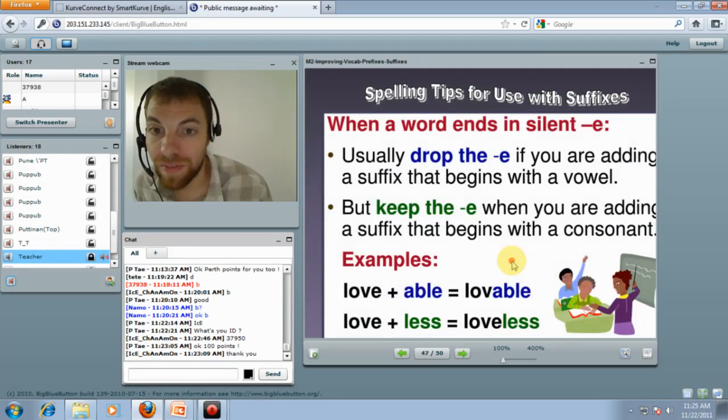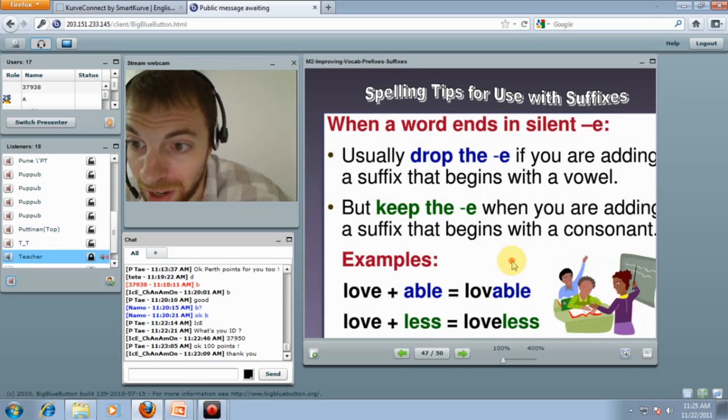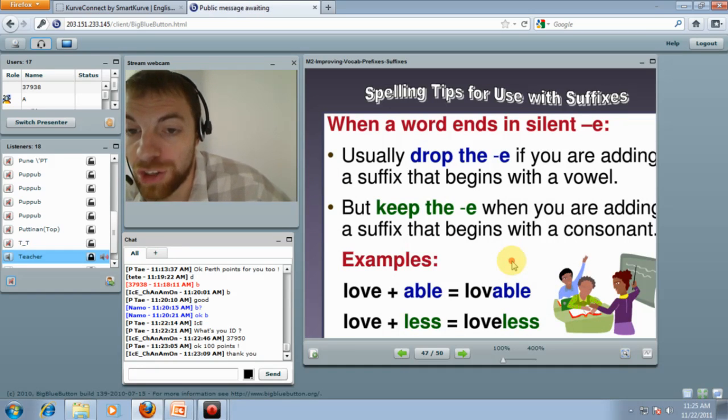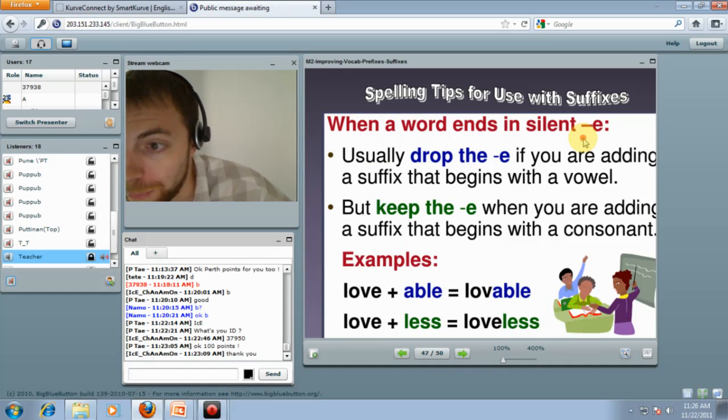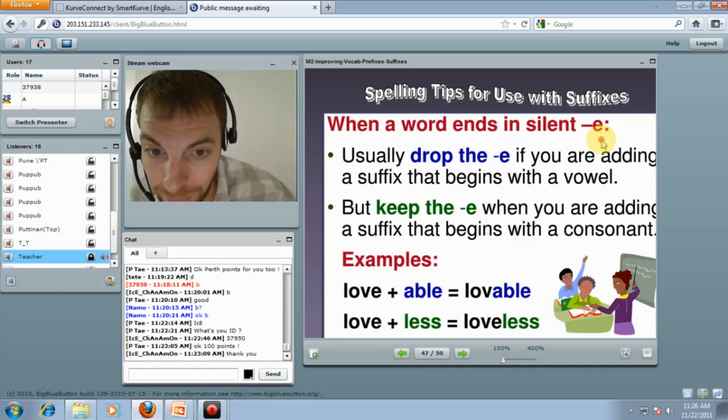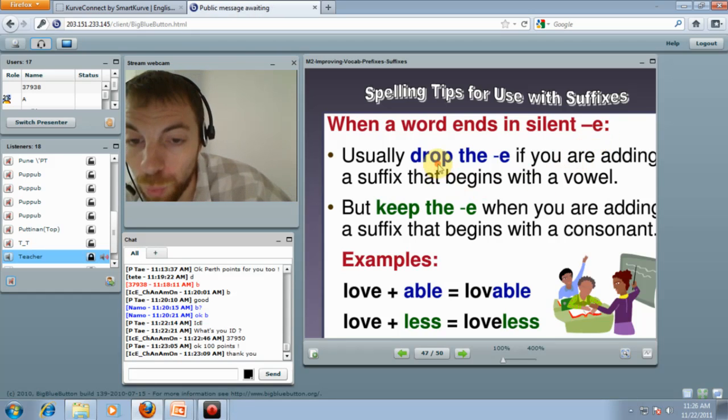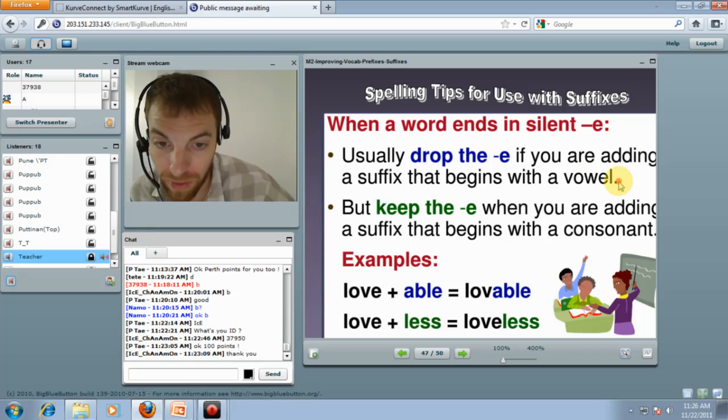But sometimes it changes. When a word ends with a silent E, we usually drop the E when we add a suffix.